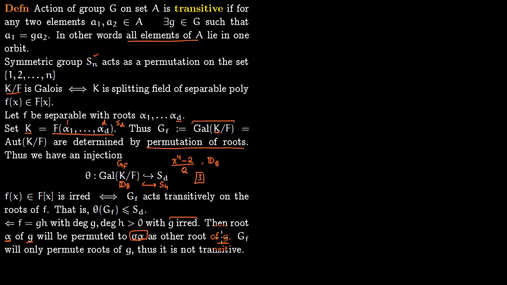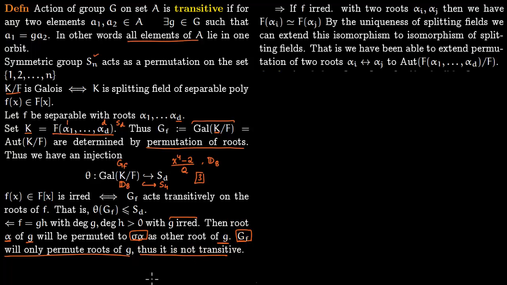So the roots of g are isolated from the roots of h. This Galois group will permute only roots of g, and it will not interact with the roots of h. So we can see the action is not transitive because you cannot connect roots of h to roots of g via the Galois group.